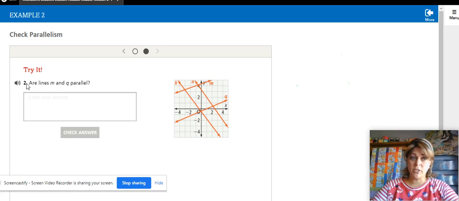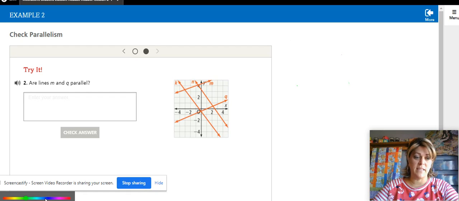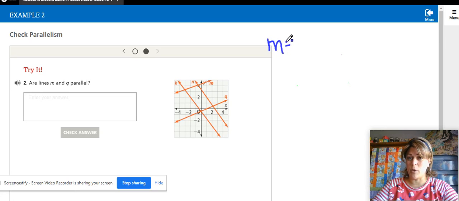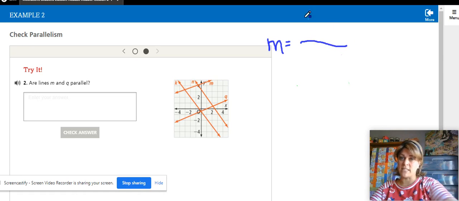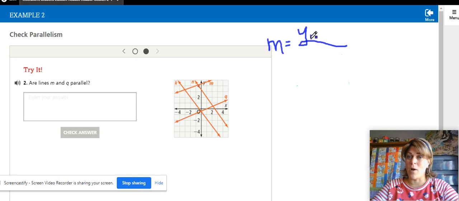For example number 2, part 2, the try it, I'm going to go through and do this not by counting, but by using the slope equation. So I'm going to write the equation. So slope equals, and you might remember this, I'm hoping. It's a fraction because you need the rise over run. So you have y1 minus y2 over x1 minus x2.